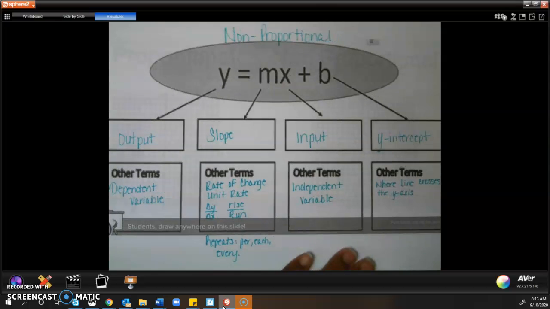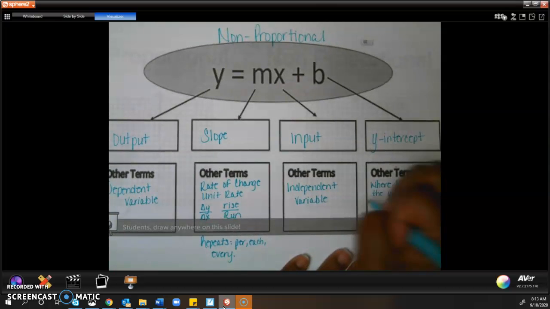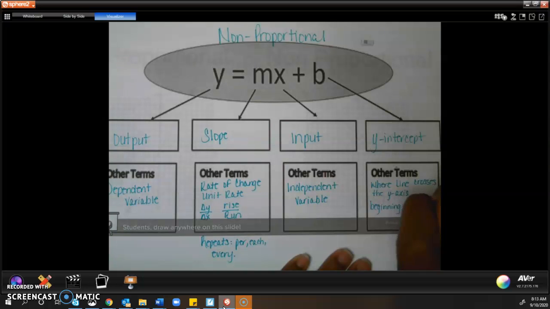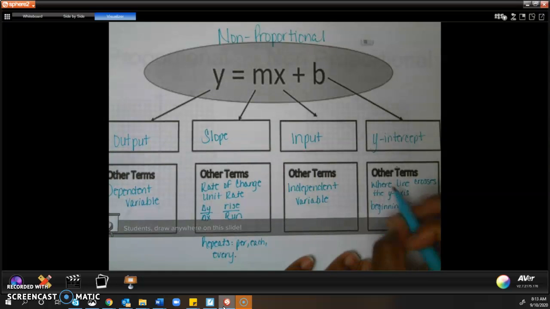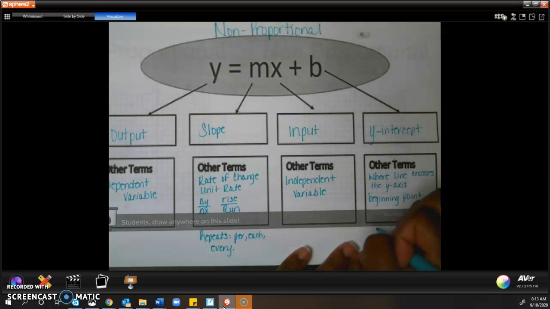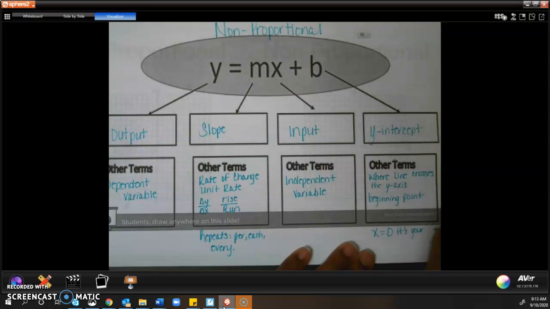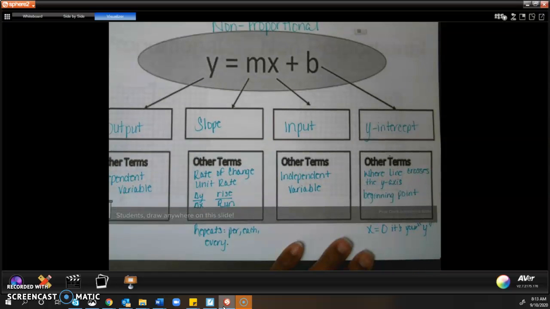Okay. It's also your beginning point. When x is 0, it's your y. So when x is 0, it's your y value.